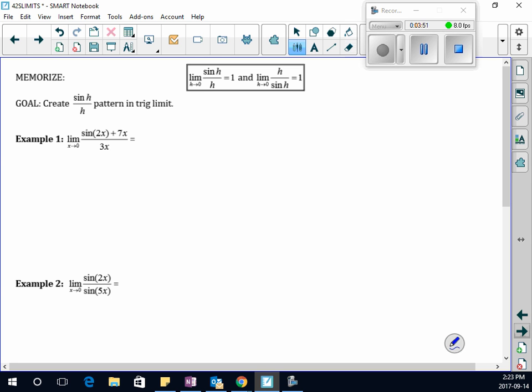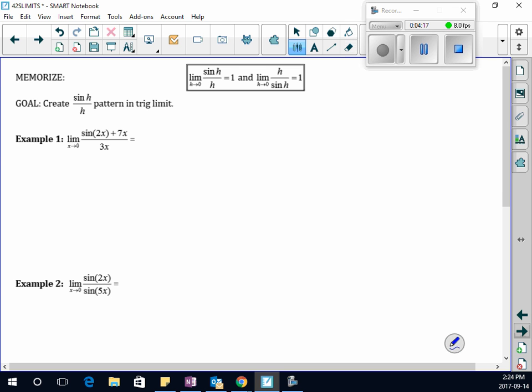I get 0 on top, and what do I get in the bottom? 0. So I cannot do anything. I have to do something else. Usually we go into factoring or conjugates. But when it has trig, it more involves trig identities, like the one you just found, sine x over x, or some of the trig identities that you use in grade 12 pre-calc.